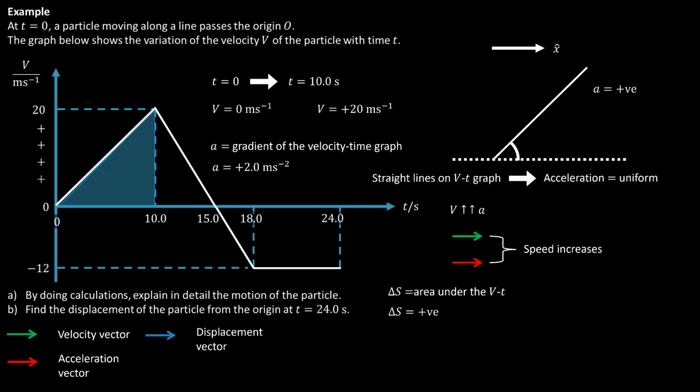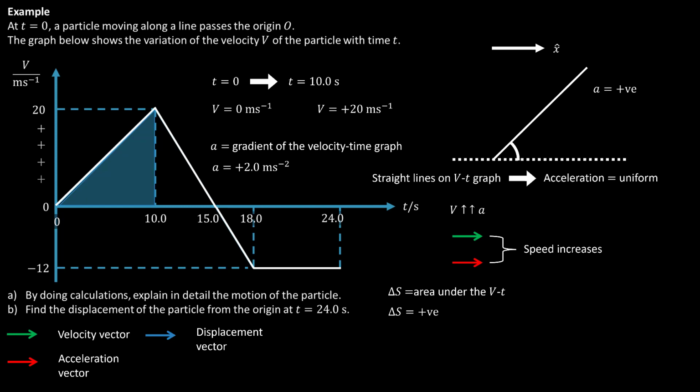The displacement covered in this time interval is simply determined by calculating the area of the velocity time graph from t equals 0 to t equals 10.0 seconds, and here it is simply a triangle, and therefore we can use the formula for the area of the triangle, which is half times 10.0. 10.0 is the base, and multiply by 20, where 20 is simply the height.